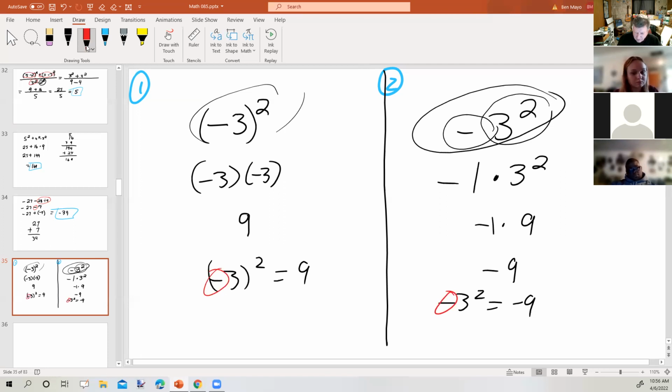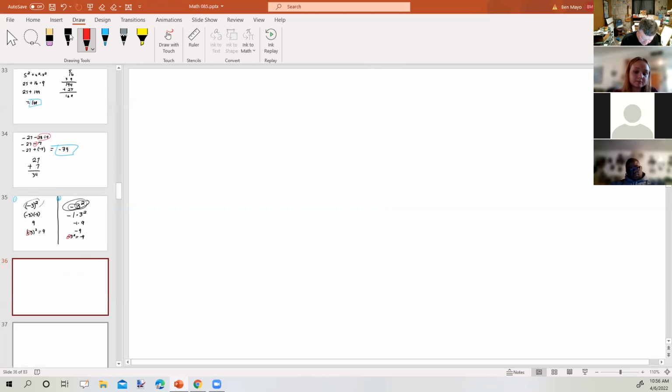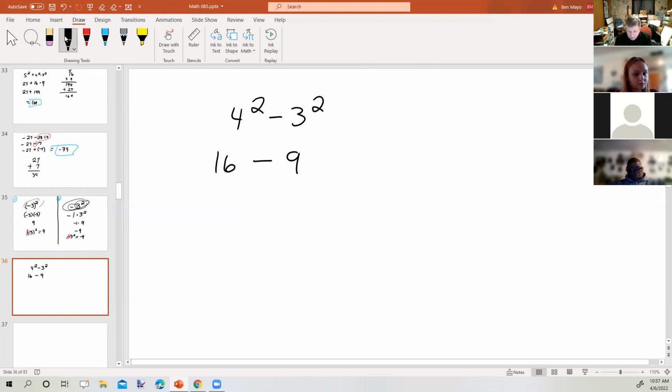Okay. Now, if that still got you stunned like a deer in the headlights at night, wanting to run off into the bushes, take a look at this. What if I had 4 squared minus 3 squared, okay? Wouldn't that be 16 minus 9? Now, I'm going to stop there with this problem.